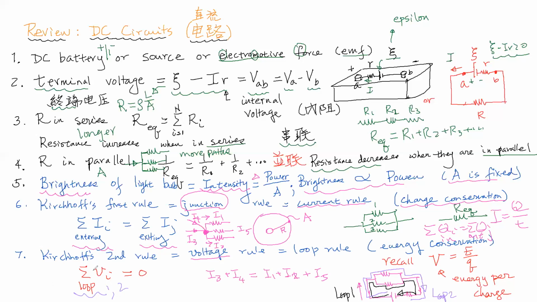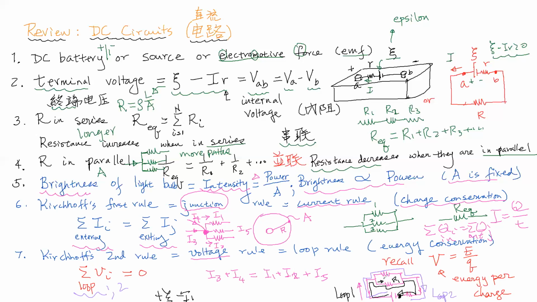And then you add all the voltage drops and increases together, starting from one point. So let's say we start right there. If you start from here, then you add this voltage here, and then you come over here, you reduce, right? And then you come over here, you reduce again. So if you do the lower loop, you will have epsilon, plus, and then minus, let's call this one R1, minus I1 R1, this is I1 right there.